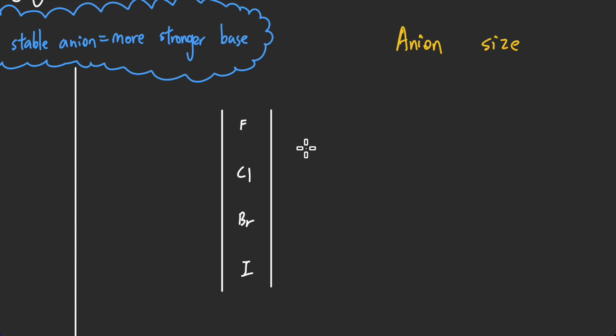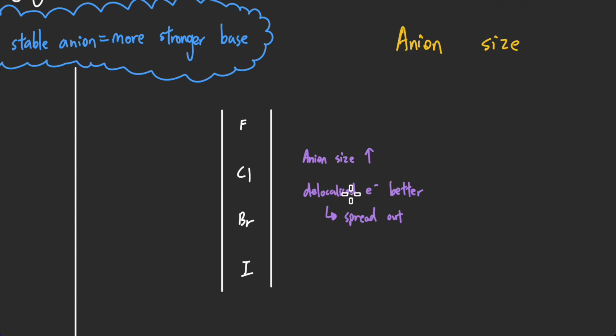As the trend goes down, the anion size is increasing, and with increasing anion size, it can delocalize the electrons better. Delocalize means spread out. The electron can spread out better, and therefore the electron repulsion is much lower, so it can form a more stable anion, and hence a stronger base.